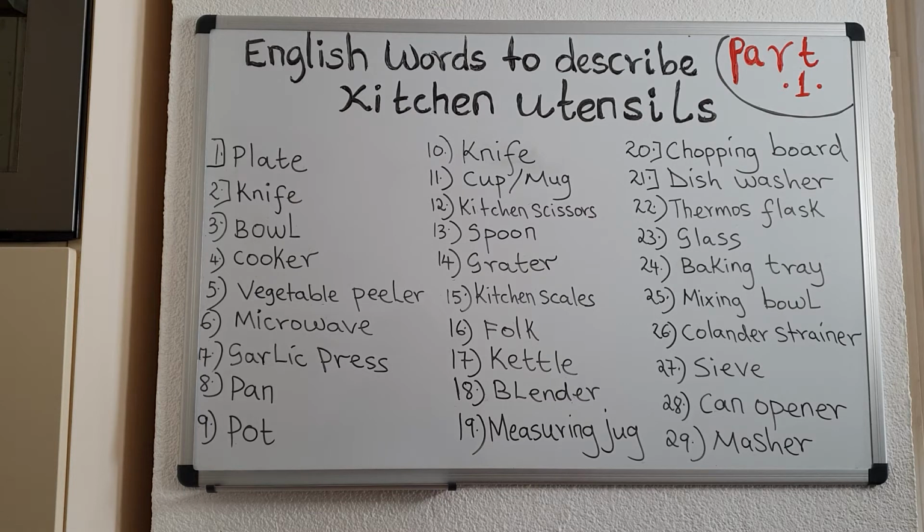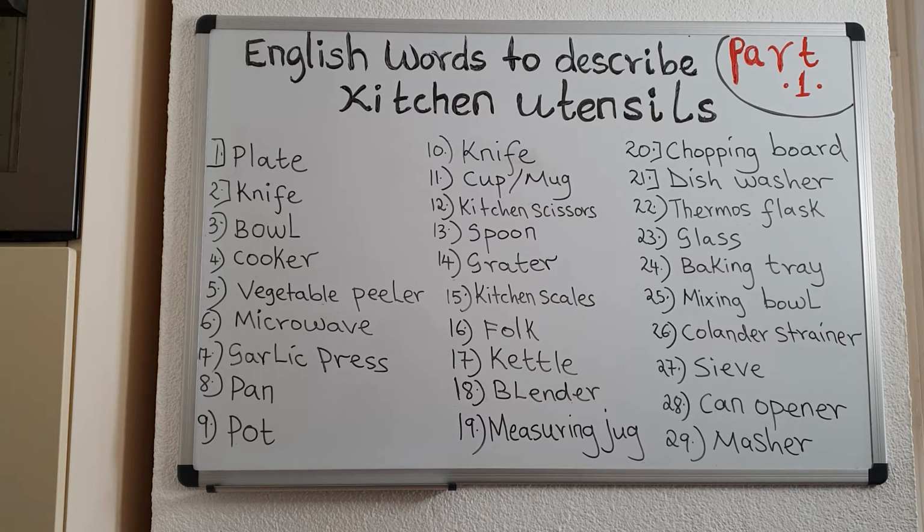You have an electric cooker which uses electricity, and you have a gas cooker which uses gas. You turn the gas on, and then you light the cooker with a matchbox.